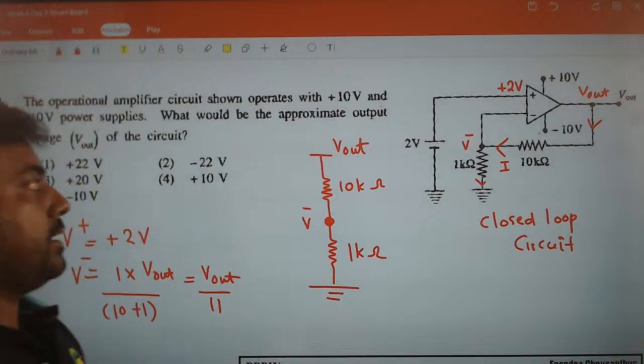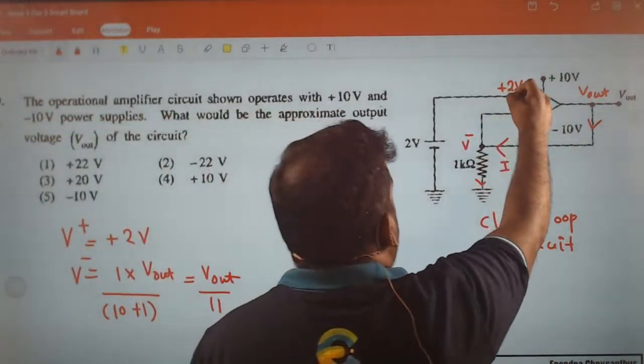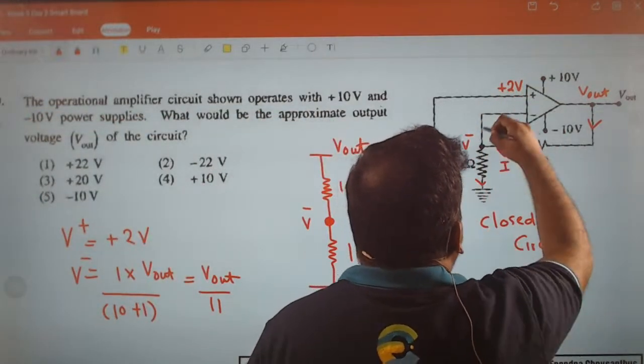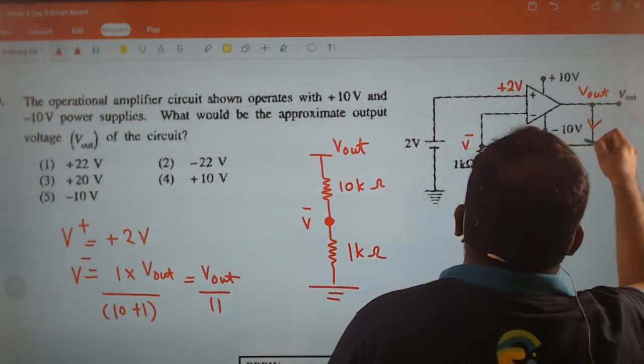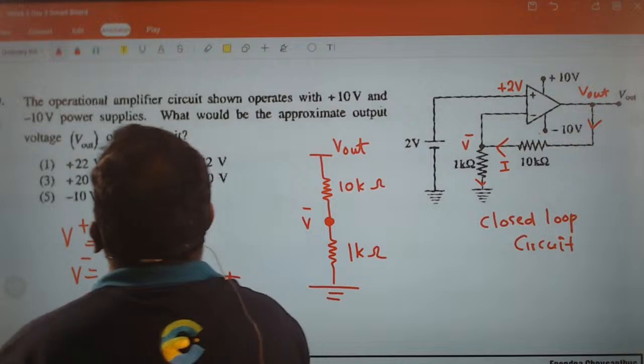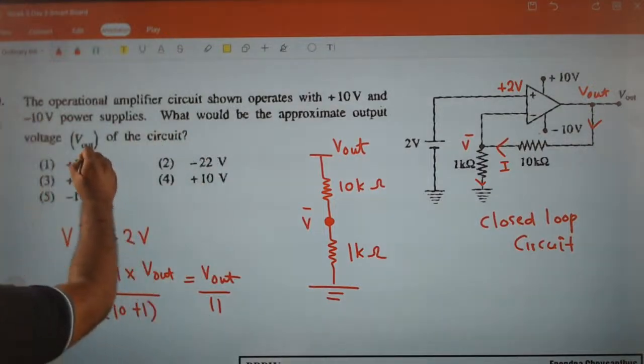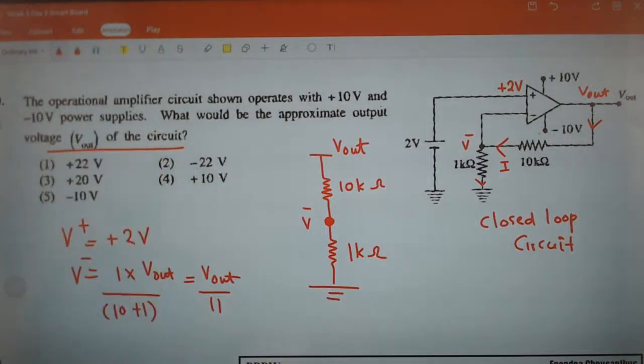Now V plus is given, V minus is given, and the output voltage is what we have to find.